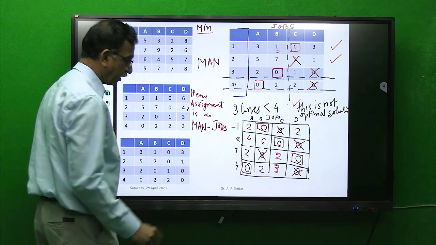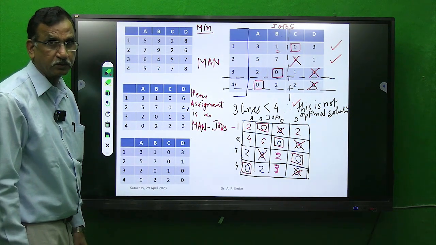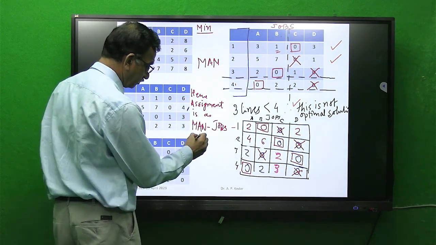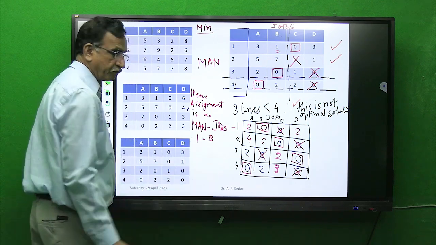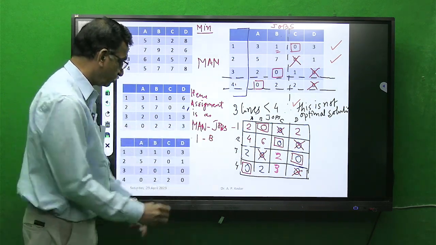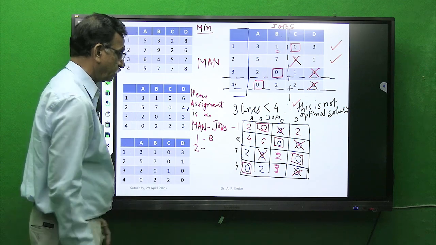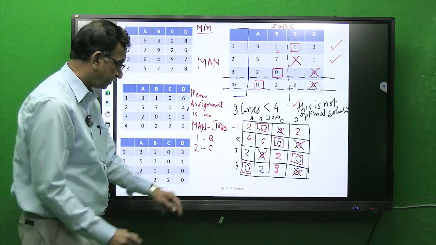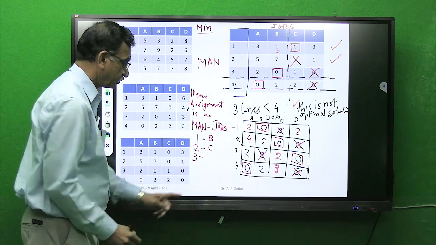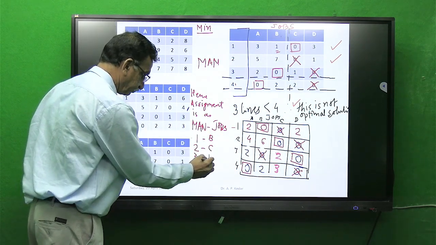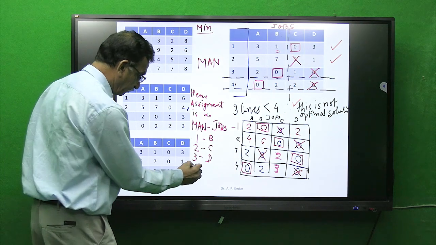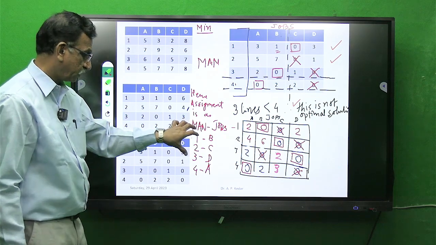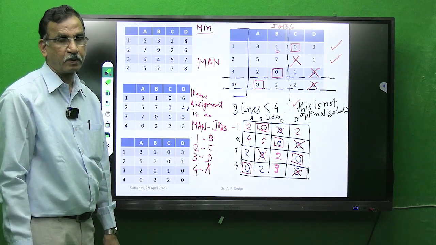Your combination was man with jobs. So how to write? That is very important. Man 1 with job B. Man 2 with job C. Man 3 with job D. And man 4 with job A. This is the correct assignment.